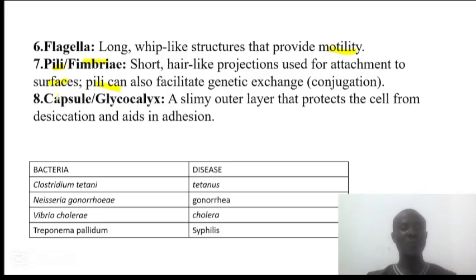And lastly, we have the capsule, also called glycocalyx, a slimy layer that protects the cell from desiccation, and it helps in adhesion. That means for the cell to attach on a surface or a host.